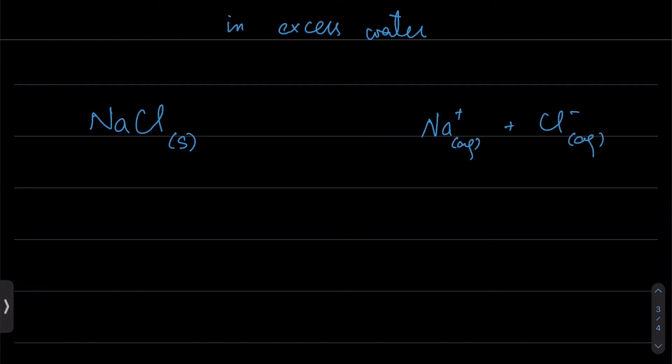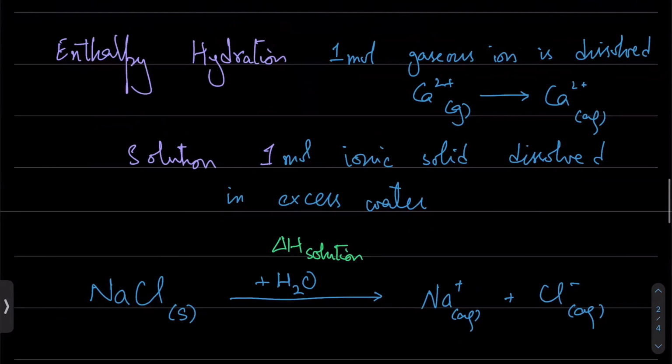They're dissolved in excess water. Obviously, to do that, I'll need to add water. This right now over here is delta H solution of sodium chloride because it is 1 mole ionic solid dissolved in excess water.